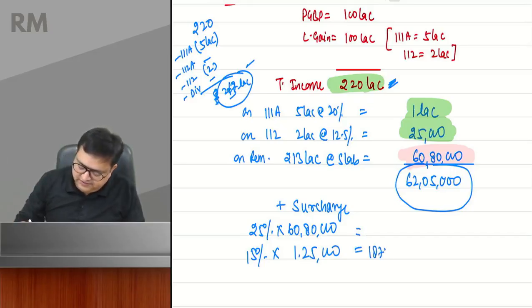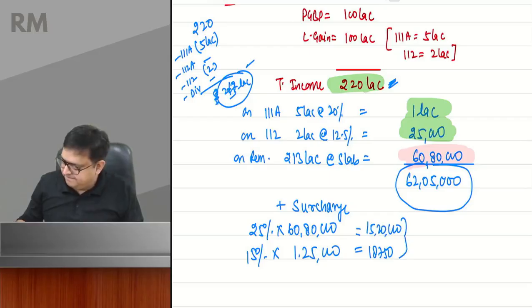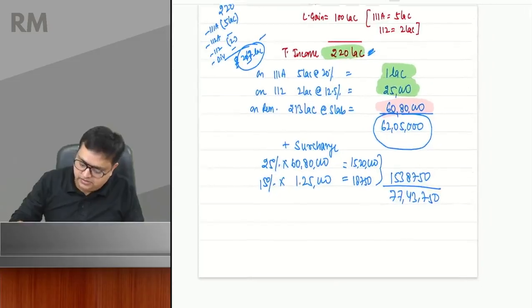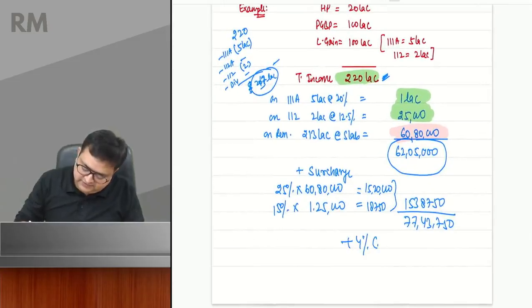This is 18750. This is 115 lakh 20,000. 153 8750 plus 6205, 77, 43, 750, plus 4% cess.